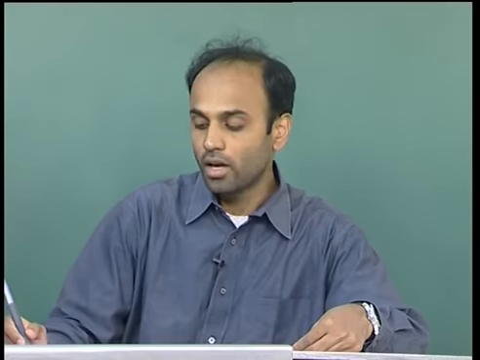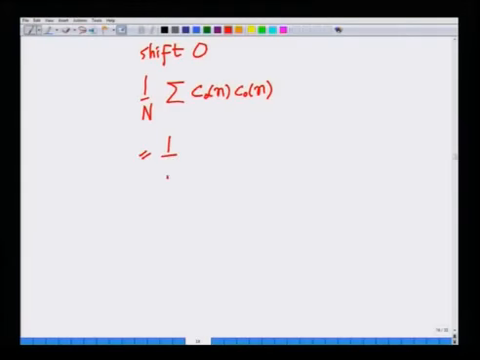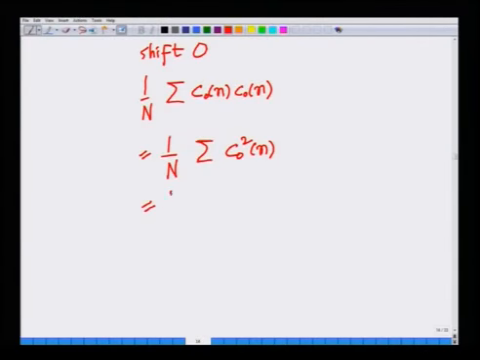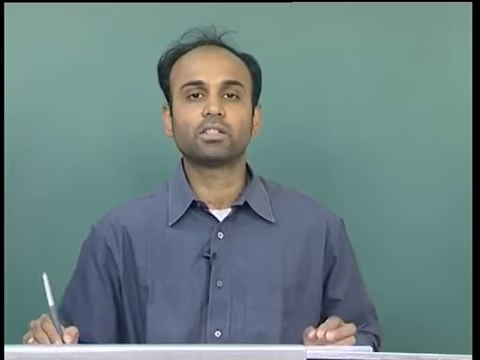So, C0 n into the shifted, which is C0 of n itself, which is 1 over n summation C0 square of n, which is now, if you look at it, each C0 of n is either plus 1 or minus 1. In both cases, C0 square of n is 1 itself. Hence, summation C0 square is nothing but 1 over n summation of 1, which is essentially n over n, which is equal to 1. So, now we have a much clearer picture of the correlation structure.